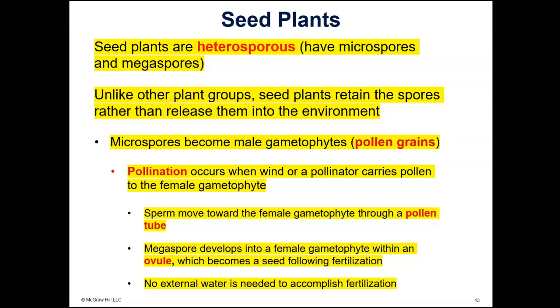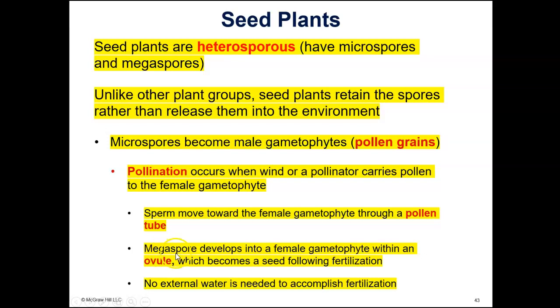Once the pollen reaches the female gametophyte, the sperm move toward the egg through a pollen tube. A tube grows from the pollen, and the sperm are carried through that tube to the ovule or the egg.